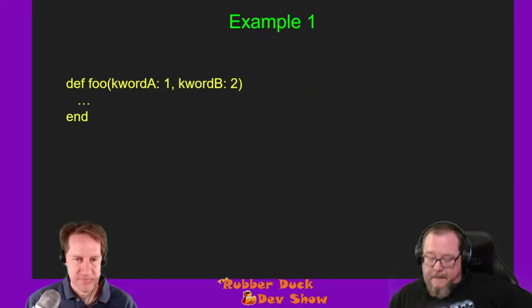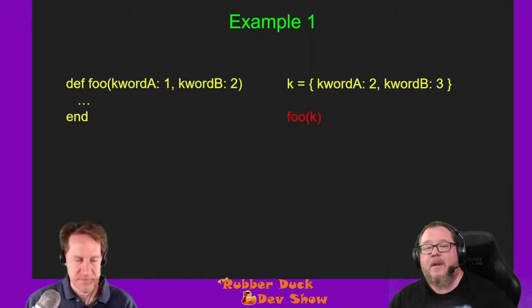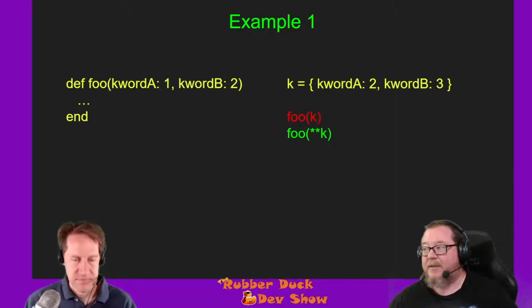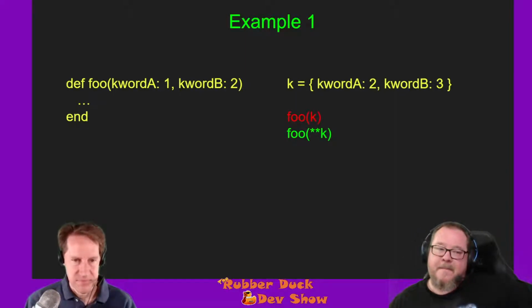In Ruby 2.7, I could just call foo k like this. In Ruby 3, that no longer works. And this will give you one of those deprecation warnings in 2.7. What you have to do is double splat that k in the call. That's the fix for this. Well, one of the fixes for it, and we'll get to that.